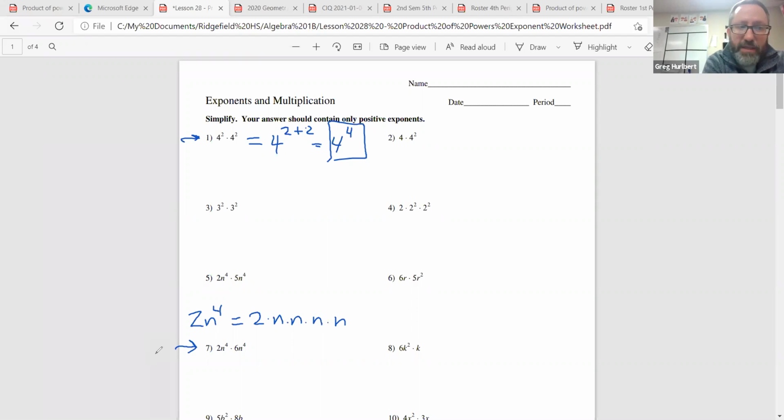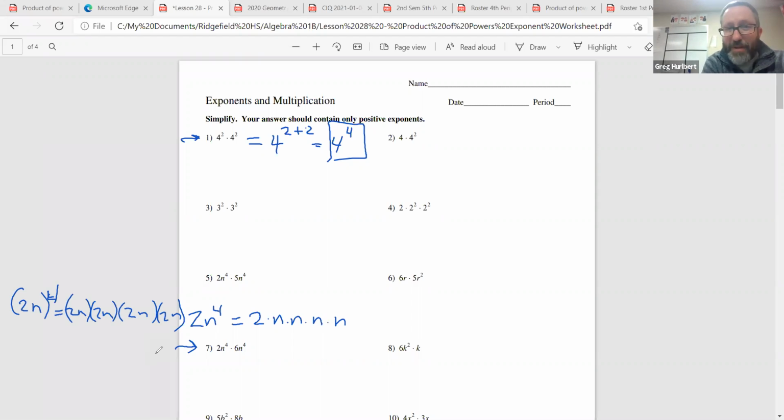Now, think about how that's different than (2n) to the 4th, like this with parentheses around it. If it had parentheses around it, then you'd have 4 copies of 2n. You'd have a 2n, a 2n, a 2n, and a 2n. That would be where the 2 got repeated 4 times and the n got repeated 4 times.